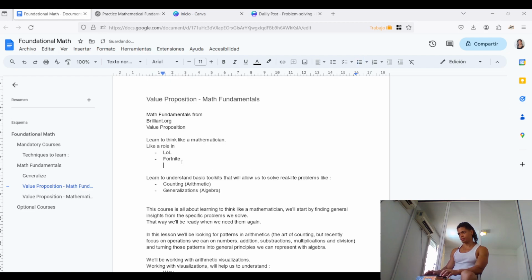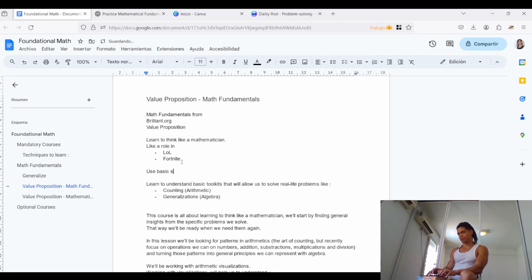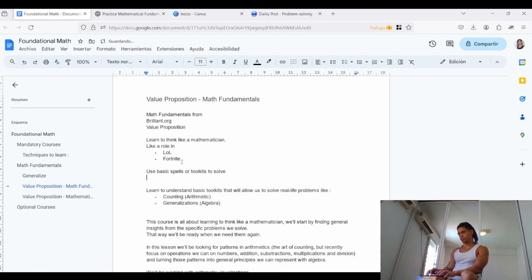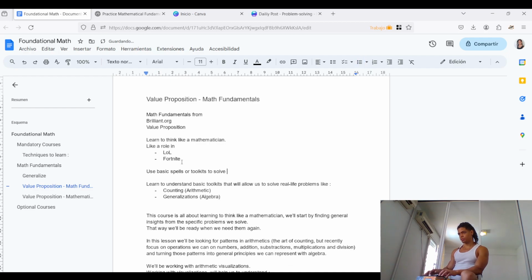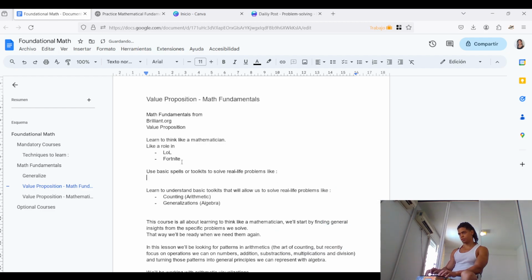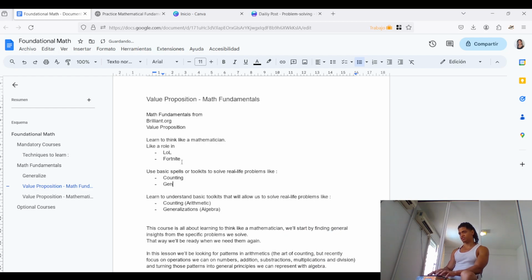And use basic spells or toolkits to solve real life problems, like counting and generalization.